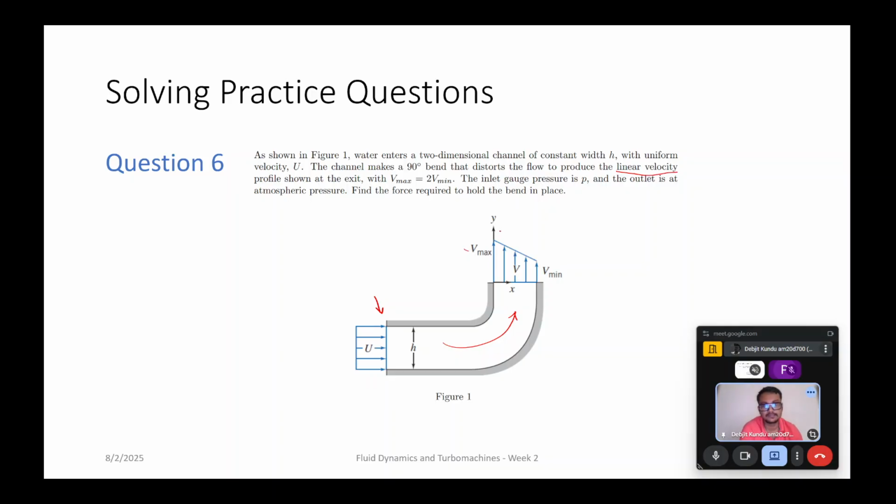So V max is the maximum velocity towards the inner end of the curvature, and V min is the minimum velocity towards the outer end of this curvature. And inside, it's linear.